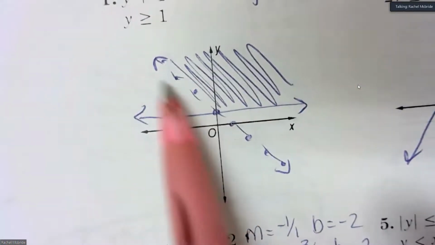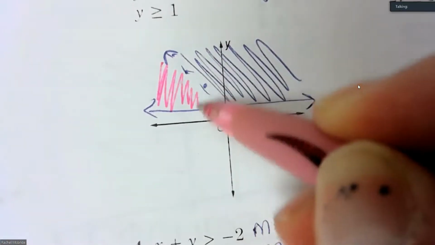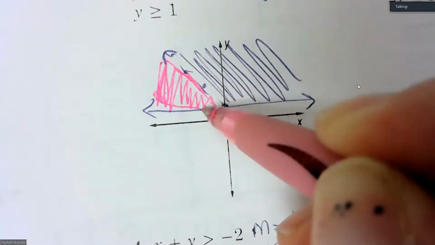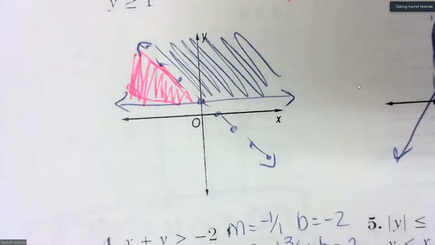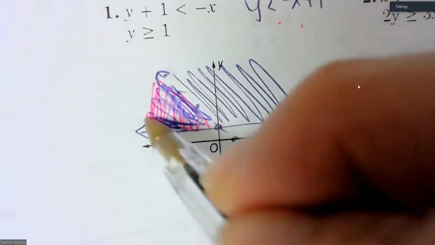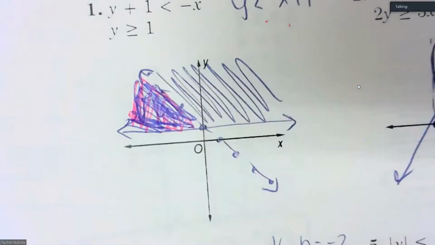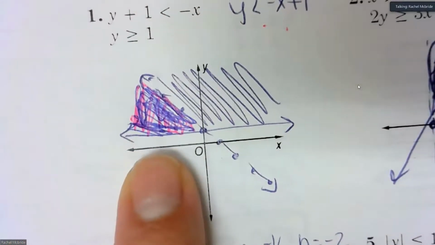Ooh. It should be below. Y is less than -1. Thank you. Okay, so sorry about that, but yes, the correct answer should be that region in there.